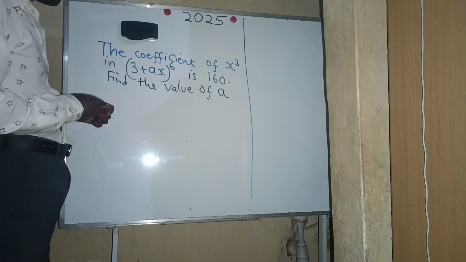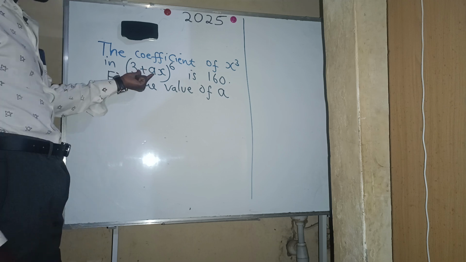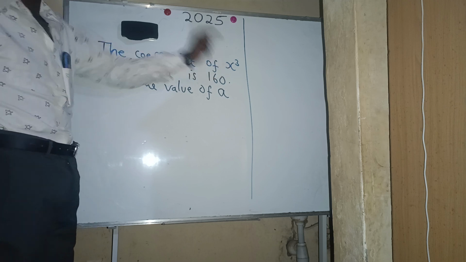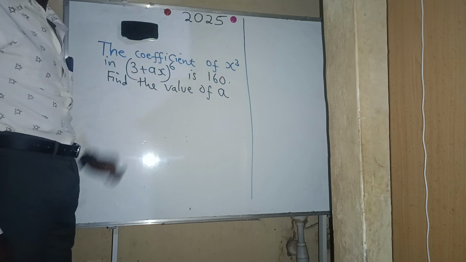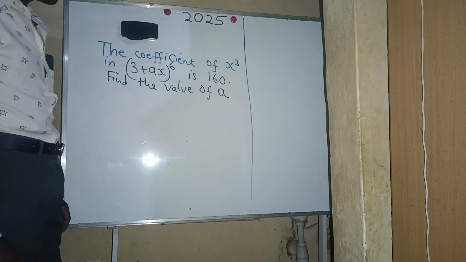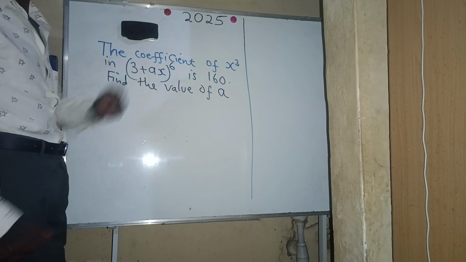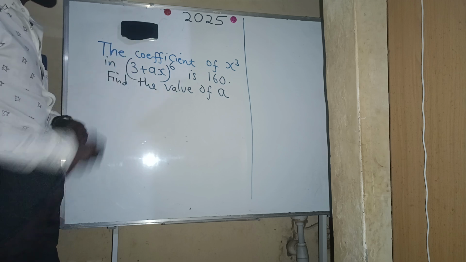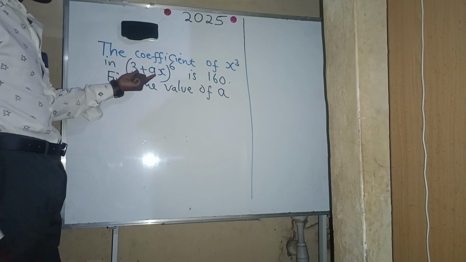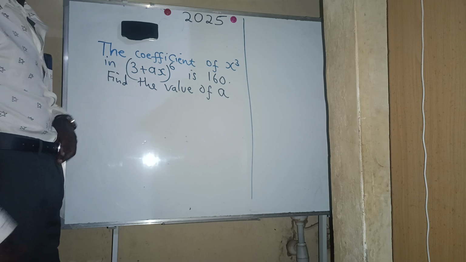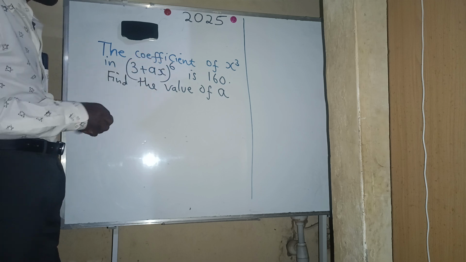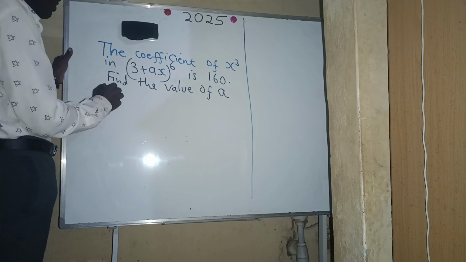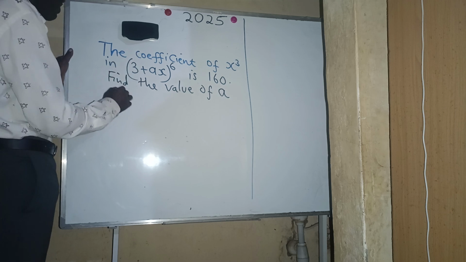So we will be able to carry out this expansion up to the term that has x raised to 3, or x cubed. So I'm going to begin from this end. If this is my expression that needs to get expanded to this level, then I'm supposed to first begin by having this 3 raised to 6.